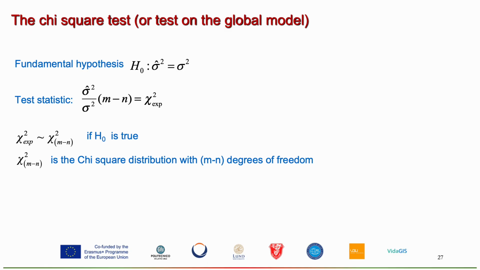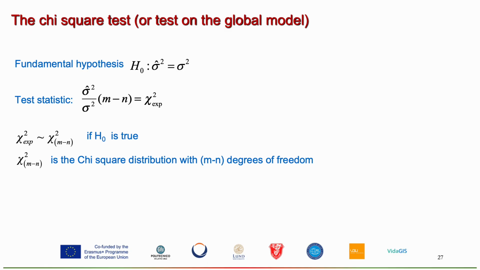The fundamental hypothesis, I mean H0, is that the a posteriori variance is equal to the a priori variance. The statistic that has to be computed and submitted to the test is the ratio between the a posteriori variance and the a priori variance multiplied by m minus n. This empirical statistic should follow under H0 the chi-square distribution with m minus n degrees of freedom.